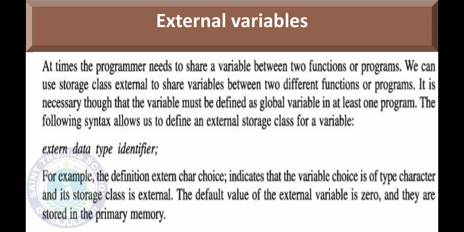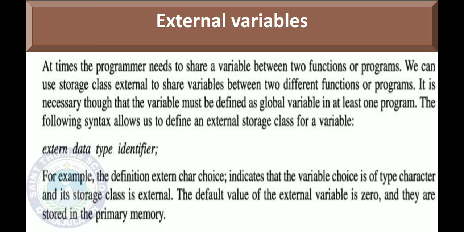It is necessary that the variable must be defined as a global variable in at least one program. So when you define the variable as an external storage class and share it in one or many functions, then first in any one of the functions you have to define this variable as a global variable. Now to define the variable as an external storage class, you have to use the keyword extern.